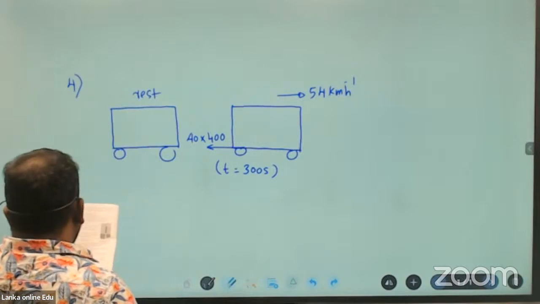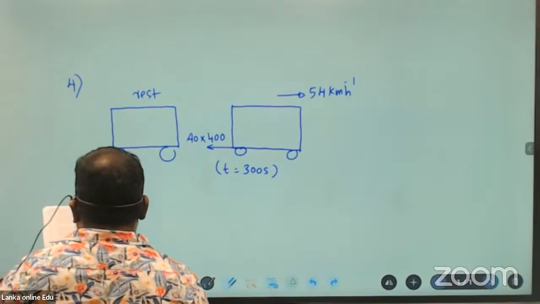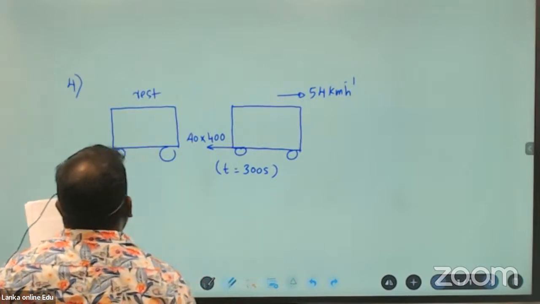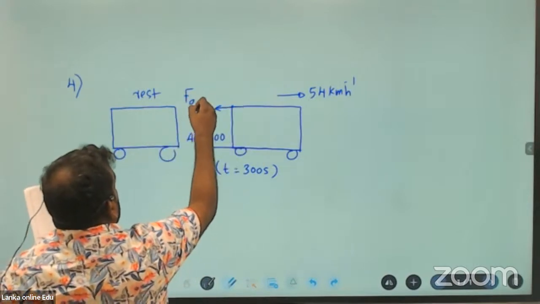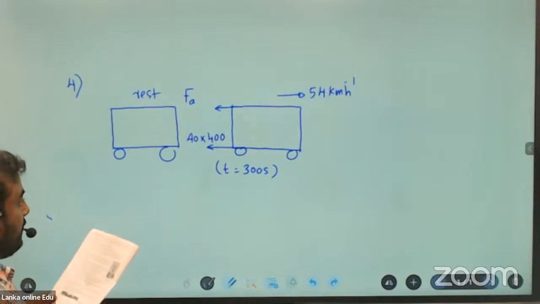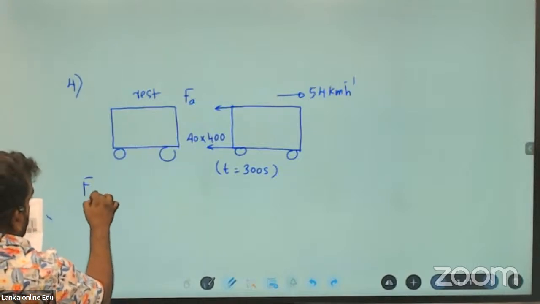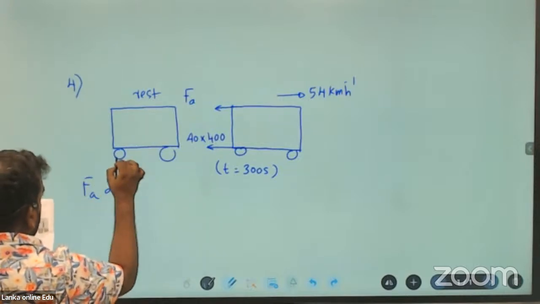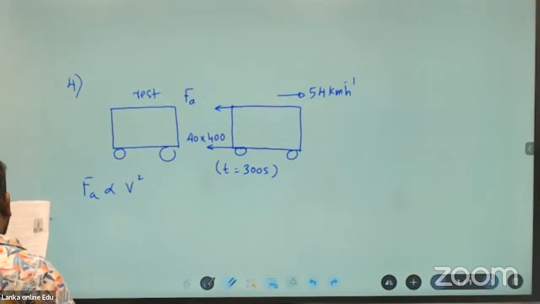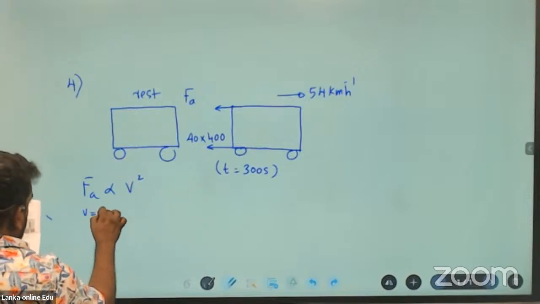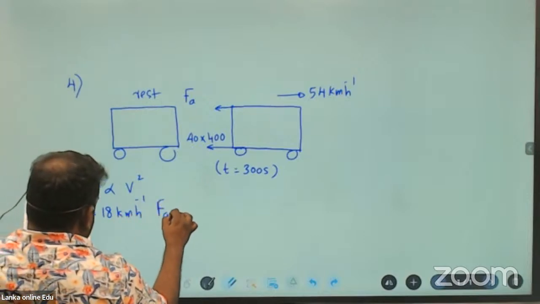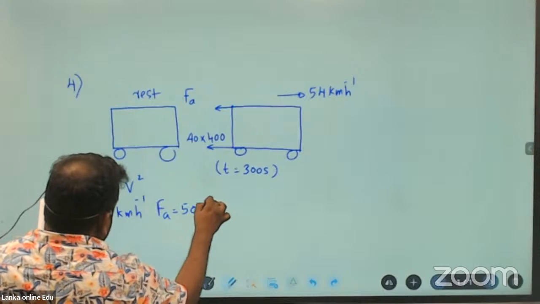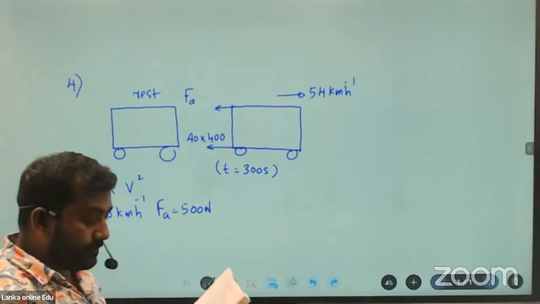Air resistance is directly proportional to the square of the velocity of the train. They're telling you when the velocity is 18 kilometer per hour, air resistance is going to be 500 Newton. These are the data given.